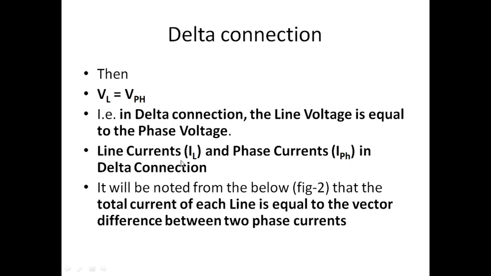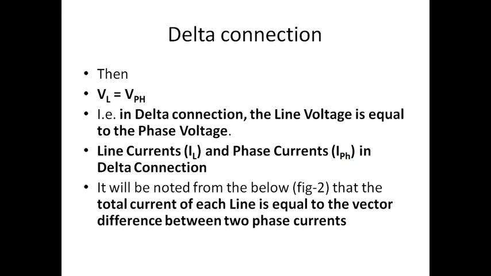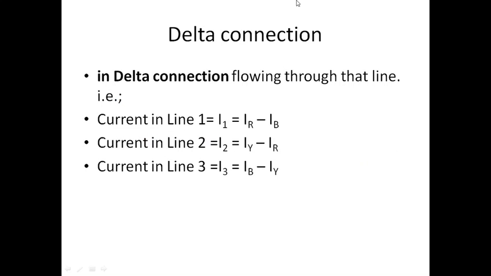Regarding your line current and phase current, the total current of each line is equal to the vector difference between two phases. So if I want I1, I have to take one winding minus this particular winding RY.